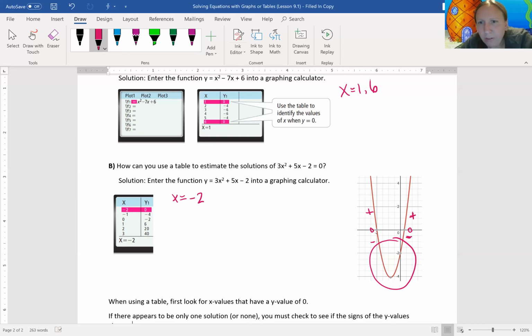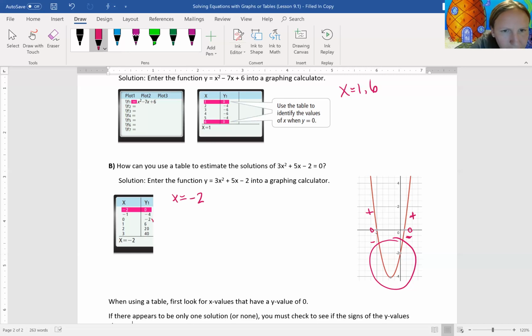So whenever the signs change from positive to negative or negative to positive, that means there must be a solution somewhere in the middle there, because in order to switch signs, it had to hit 0 at some point. So going back to this table, we have that 0 there. These are all negatives.